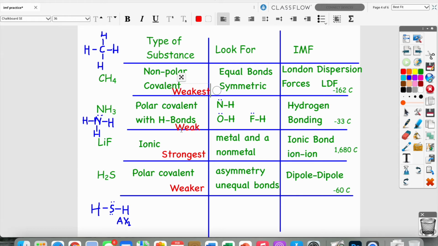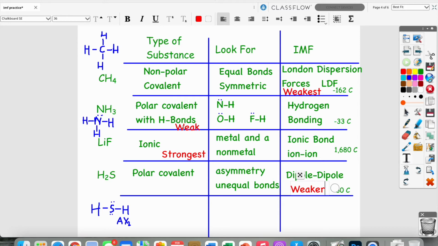And so you can see that if we predict that LDF is our weakest interparticle force, that makes sense because it is at -162, which is only about 110 Kelvin. It's relatively close to absolute zero. Our weaker one, our polar covalent one, is down at -60, which is pretty chilly.